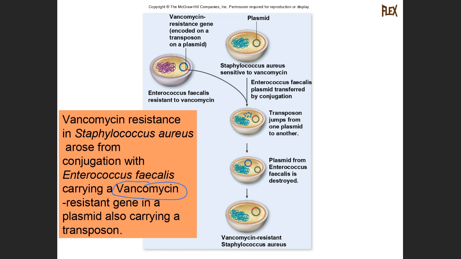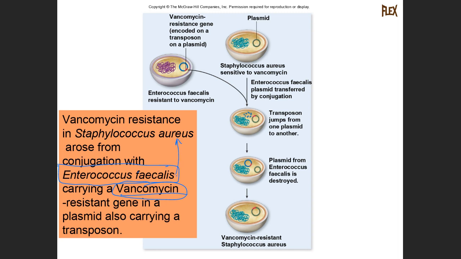And so Enterococcus, which is a normal flora of the colon, was exposed to low doses of vancomycin for a long time. And some of the resistant strains began to proliferate. And some of the resistant strains of Enterococcus faecalis were transferred by conjugation to Staph aureus.